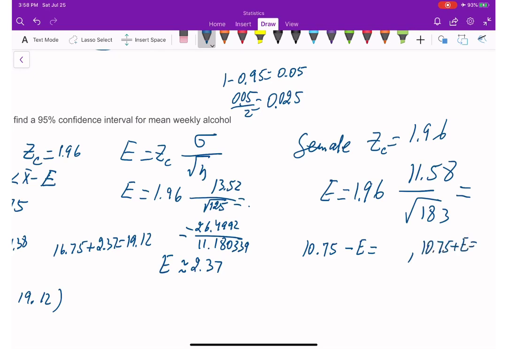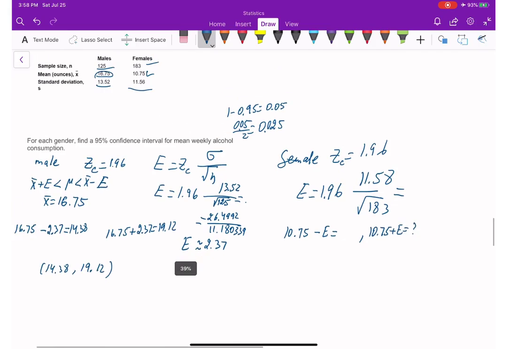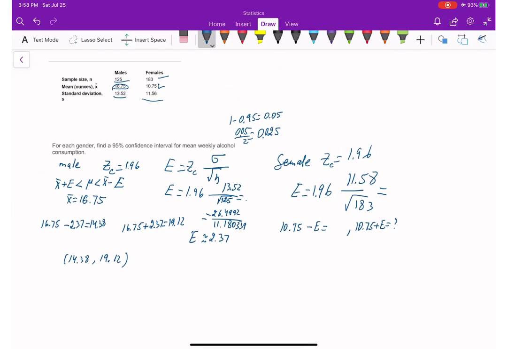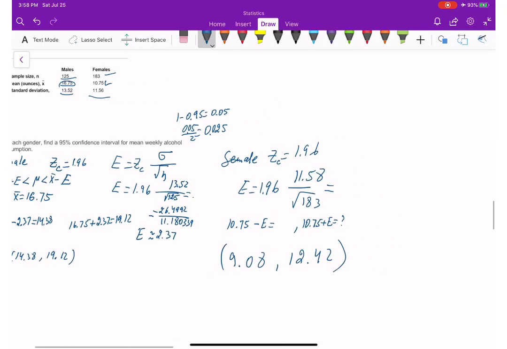This time you can calculate, right? Because here I showed you already how to do it. And you should get the interval, the answer should be 9.08 and 12.42.